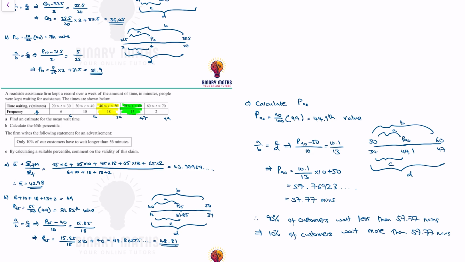The claim was longer than 56 minutes, but it's actually more than 57.7 minutes. Therefore, the claim is not valid because it's not 56.